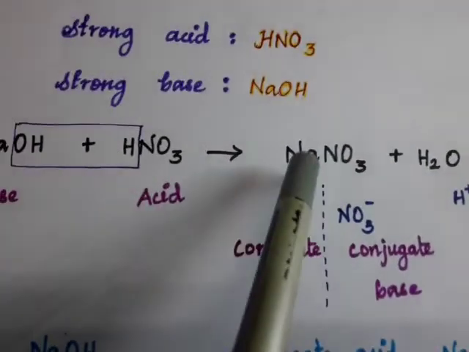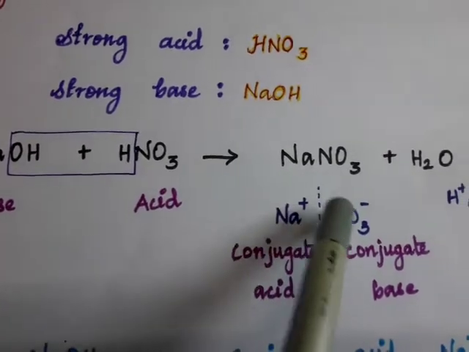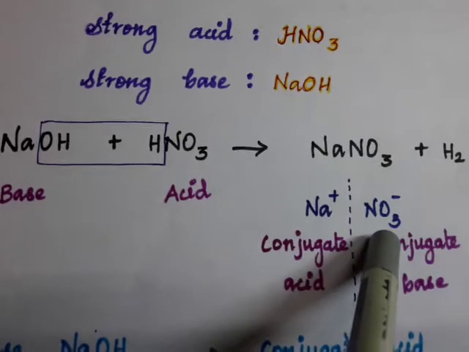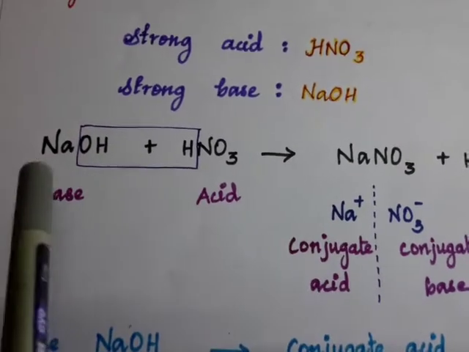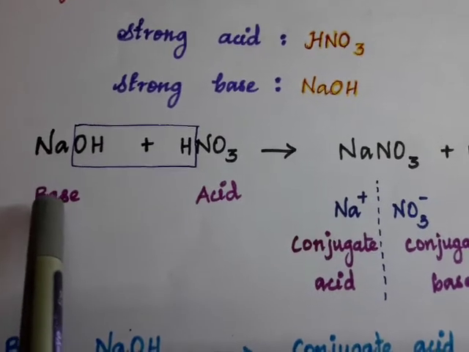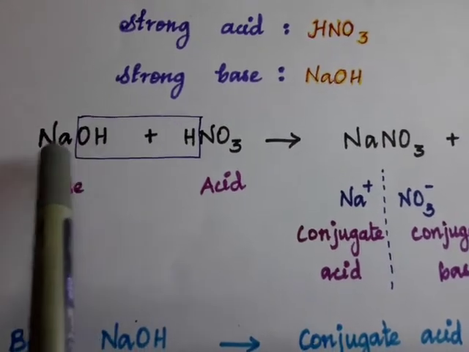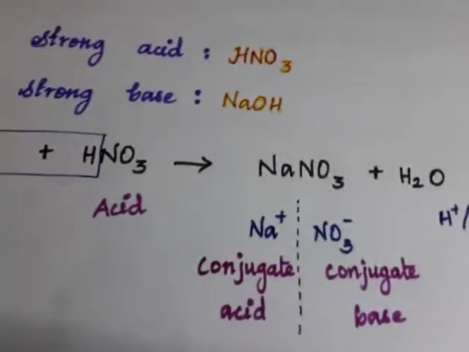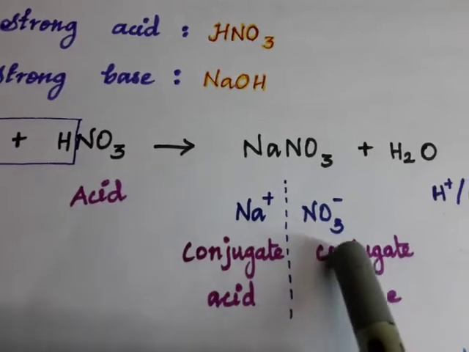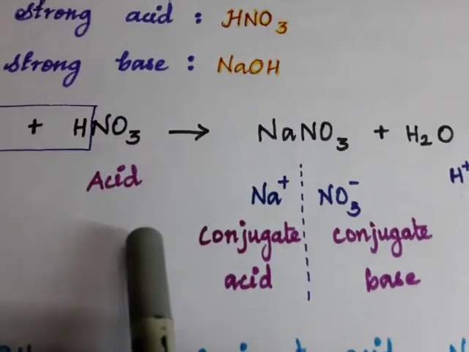In this NaNO3, Na is a positive ion and NO3 is a negative ion, which means Na plus is the conjugate acid of the base. As we said, if you remove OH minus ion from the base, the remaining positive ion is said to be the conjugate acid. Like that, NO3 minus is the conjugate base of nitric acid.